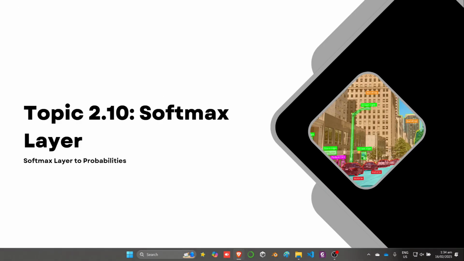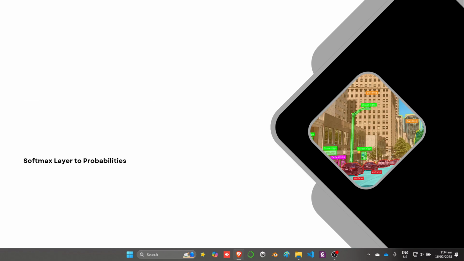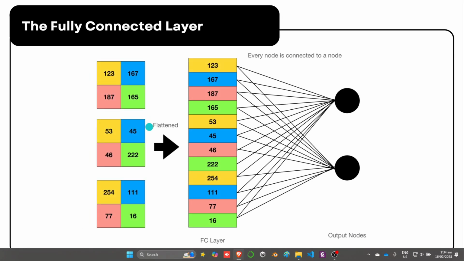So we're now at the section of the softmax layer. The softmax layer is what produces the final output, the probabilities that come out of our CNN. So let's take a look at this layer. Remember, it was fully connected.